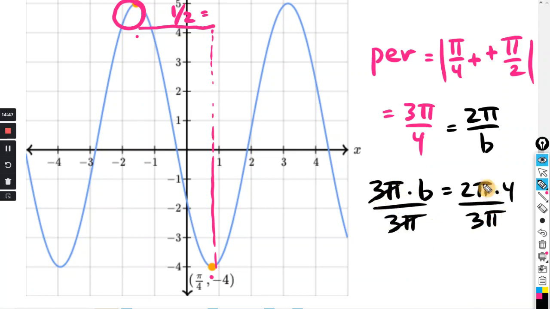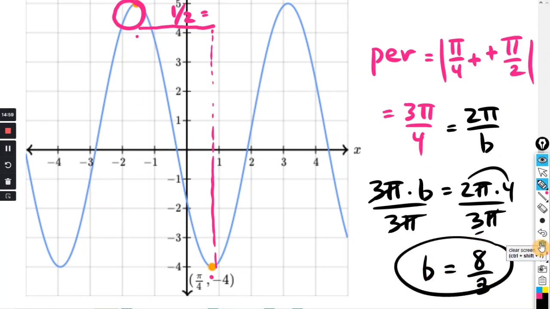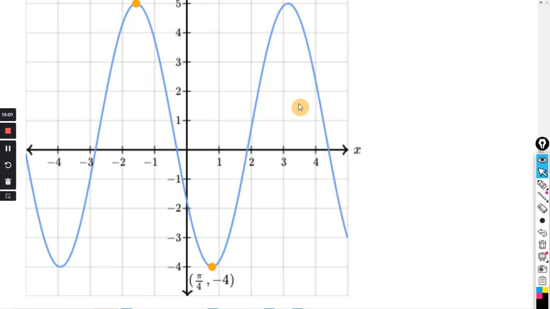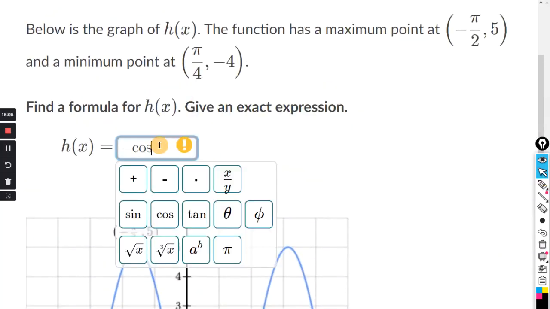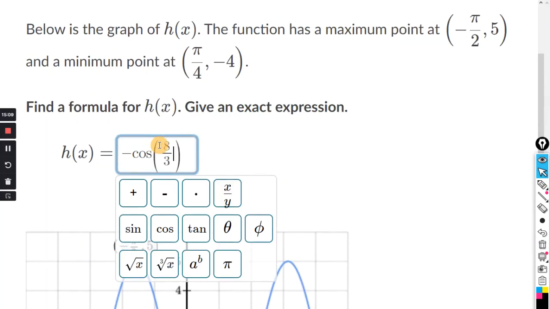Pi's cancel. 2 times 4 is 8 divided by 3, so b equals 8/3. All right, so I'm going to record that answer. 8/3. So this is going to be 8/3 times x.